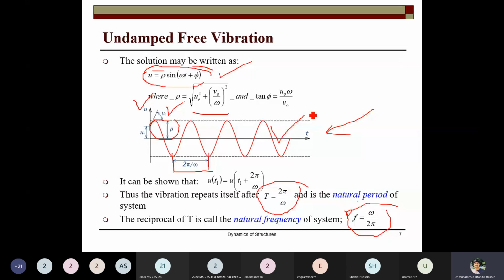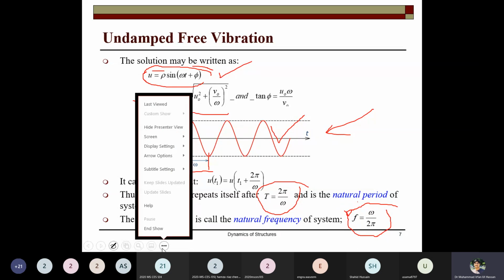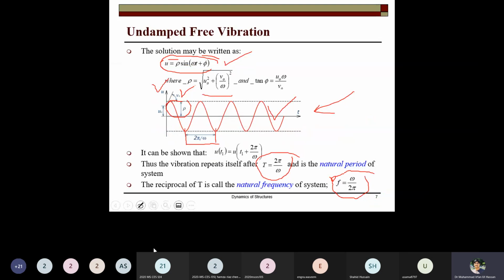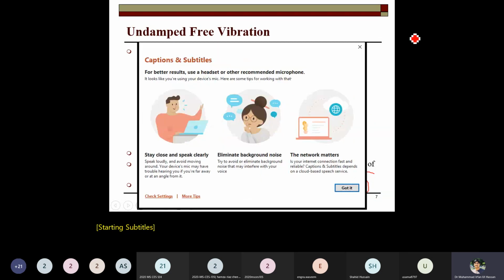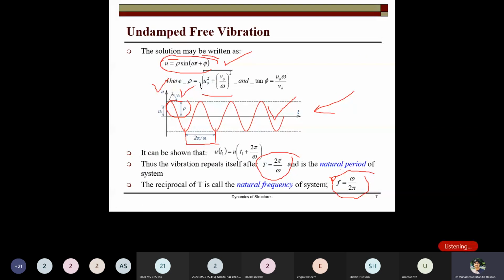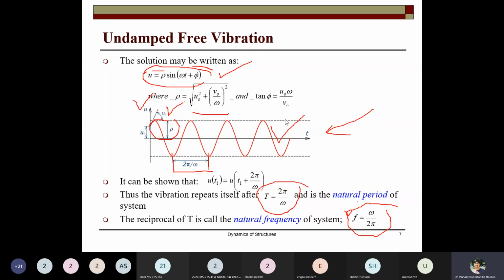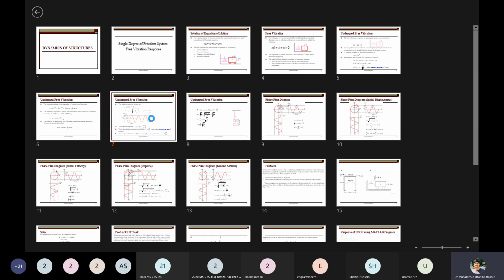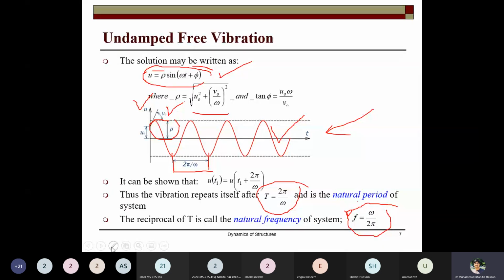Now the point is that there can be different conditions, because the response that you can see here is the response where u naught is initially present.